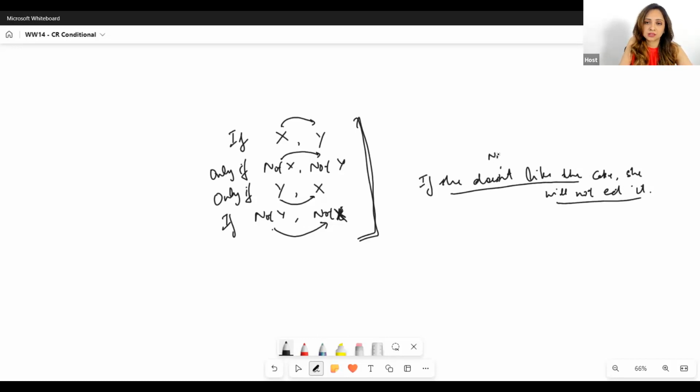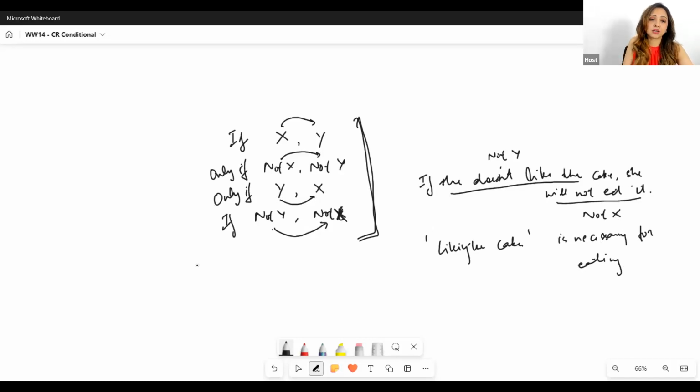The way I see it, this is my not Y and not X. So then, what is necessary for what? Liking the cake, I'll tell myself, is necessary for eating, for her. So basically, I'll convert the sentence. I'll try to find out what is necessary for what, right?